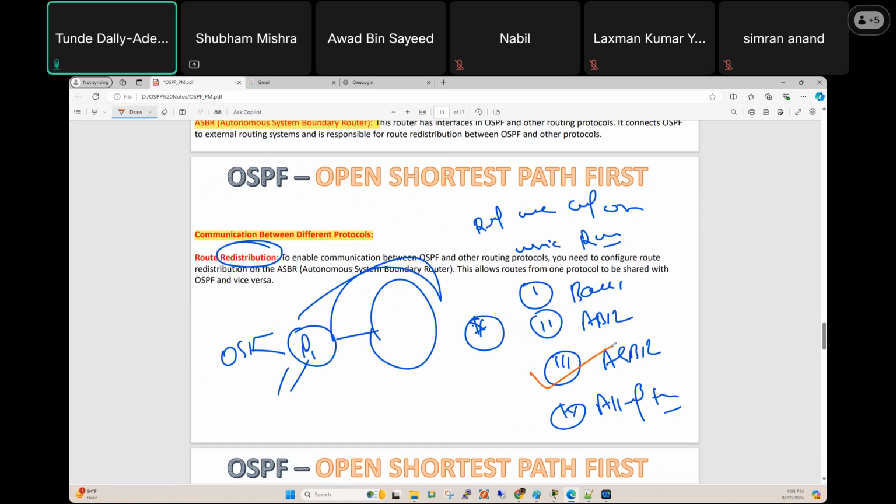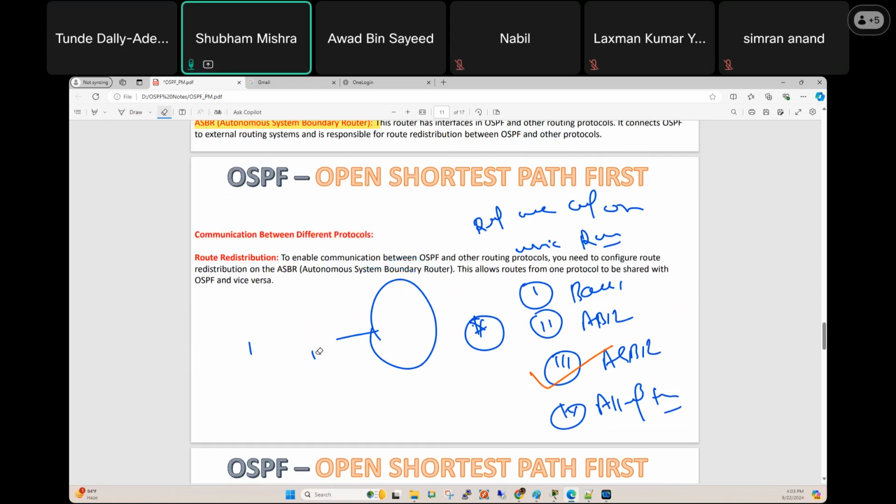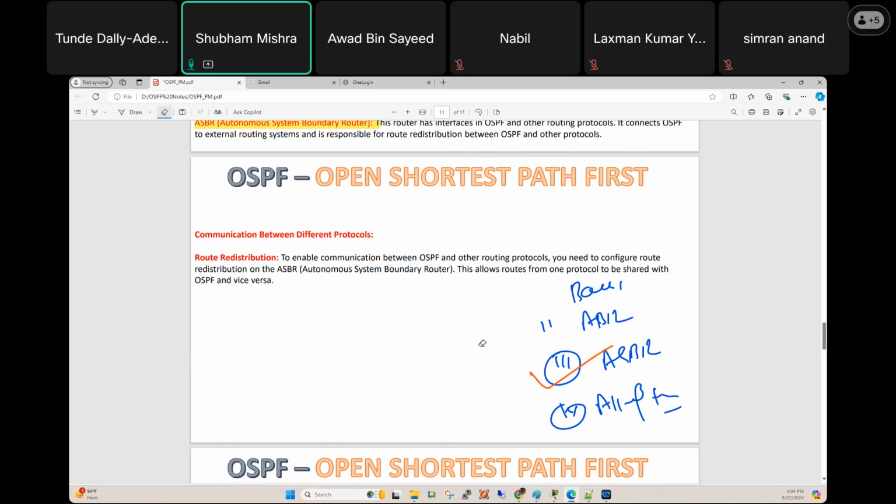Remember the reason: it involves OSPF and a different routing protocol. It makes more sense because an ABR router means one interface will be in one area and another interface in a different area, but in the same protocol.